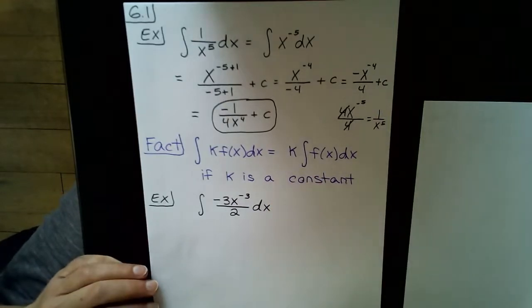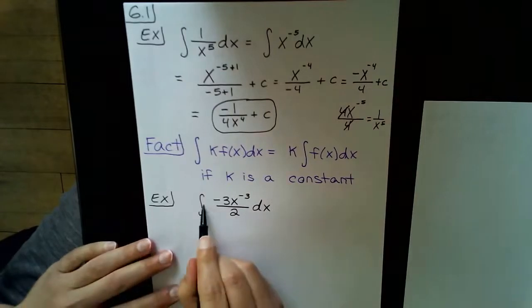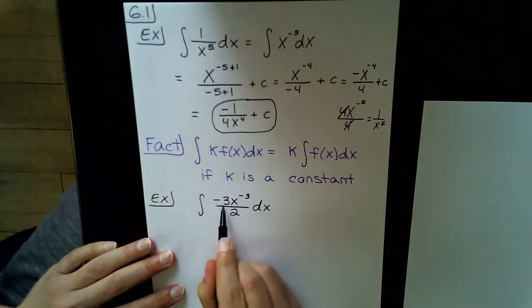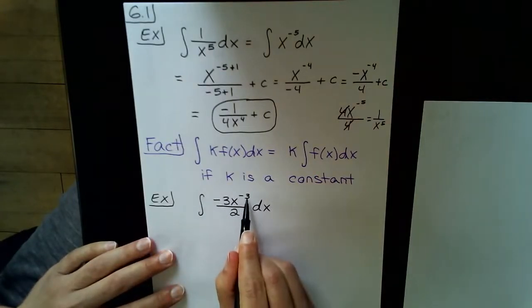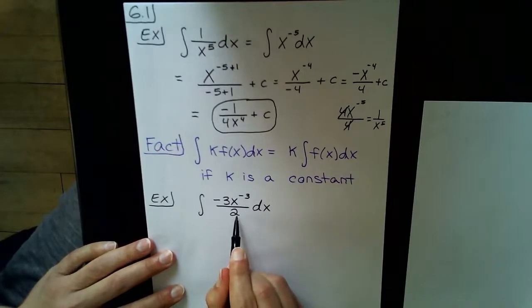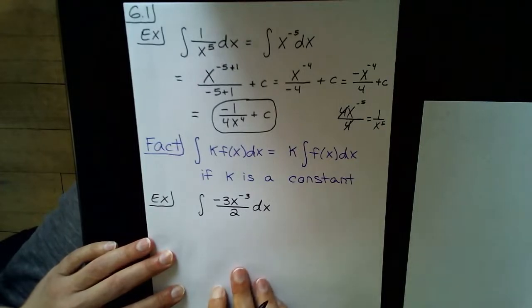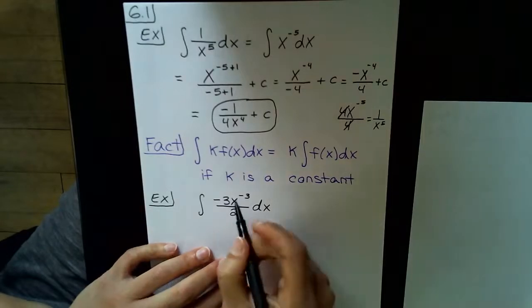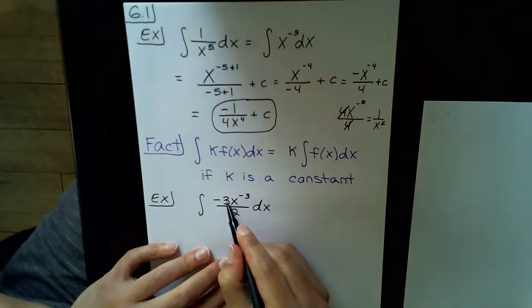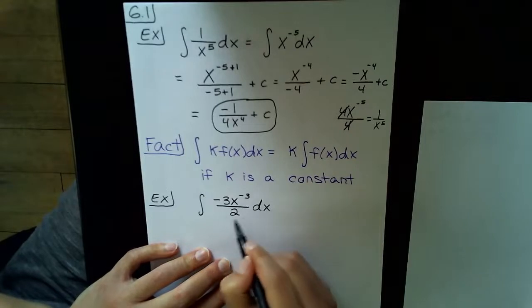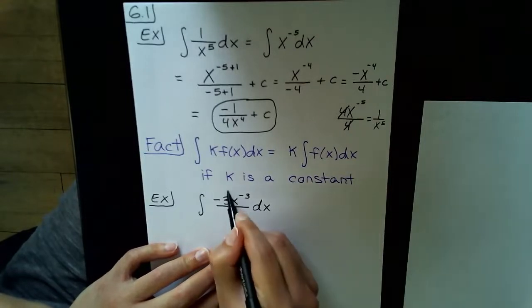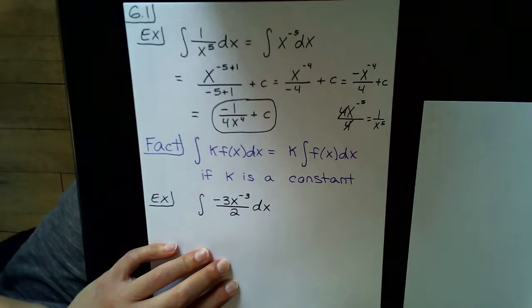So with that in mind, let's find the antiderivative of negative 3x to the negative third all over 2 dx. The first thing that we should do here is find the constant. If there's any constant in this problem, we need to take it to the outside and then multiply it to our final answer.